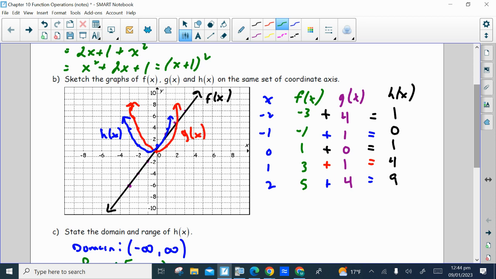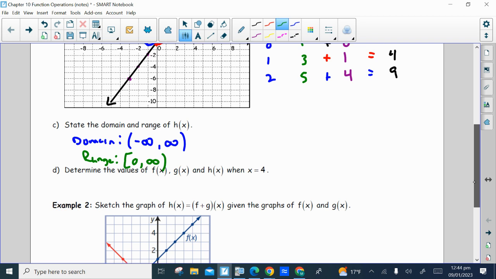Basically, any restrictions on f and g will also show up in h. And we have a restriction on the range for g, and that is that it has to be greater than or equal to 0. And that's also the same restriction on h. Both graphs f and g have no restrictions on x. And that's why there's no restrictions on x for h either. Right? So they are connected.